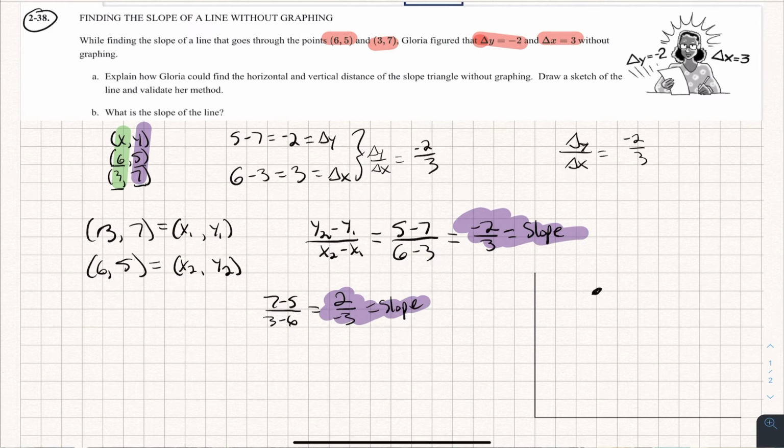Then I have the point (6, 5), so I'm going to go over 6 and up 5. And now I've got my two points. Now if we make the slope triangle, I see that I'm going down 2 and I'm going over 3. So delta x is 3 and delta y is negative 2. So we've checked our work and we know that we're good to go.